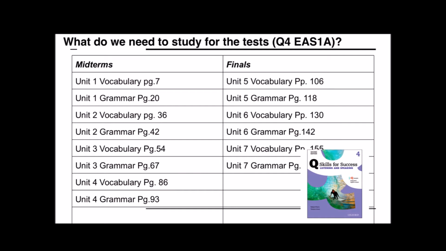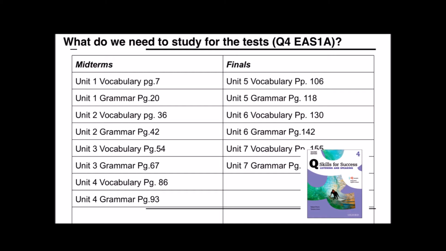So these are what you need to study for the midterm and the finals. If we haven't done the midterms yet, please check units 1, 2, 3 and 4. You can see the pages that are required on there. So unit 1, for example, has vocabulary questions from page 7 and grammar from page 20.